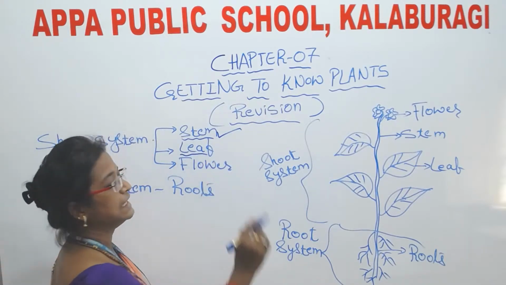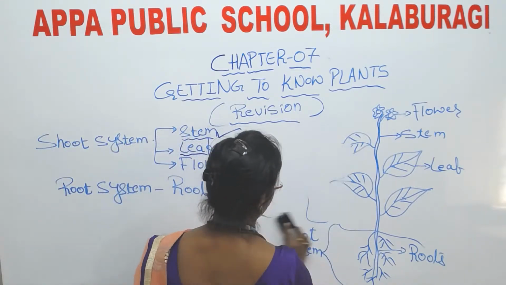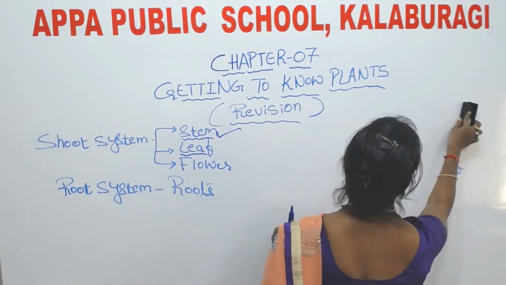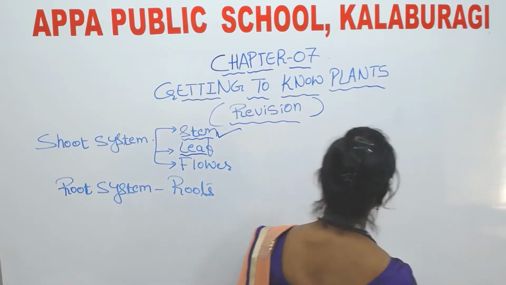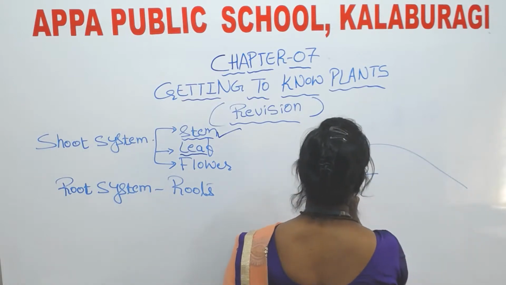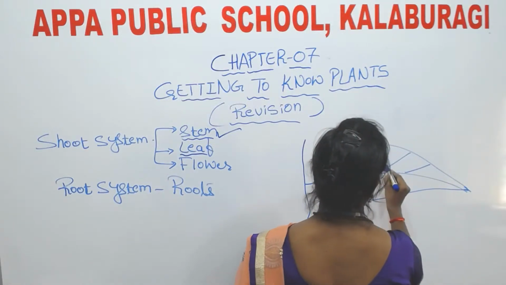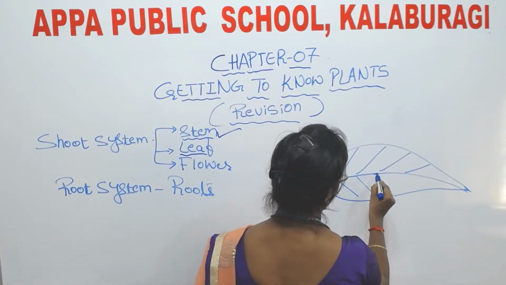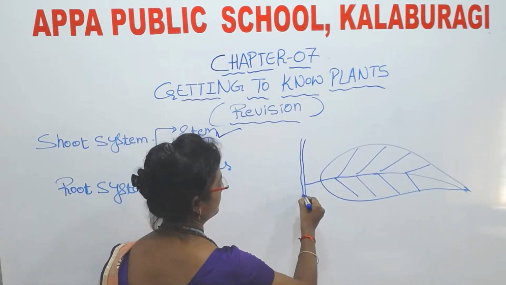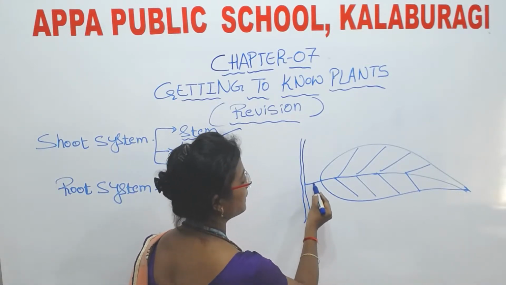So next is leaf. Okay, so let me draw here leaf. Okay, so here this is stem. Here, this is a part of a leaf, isn't it?